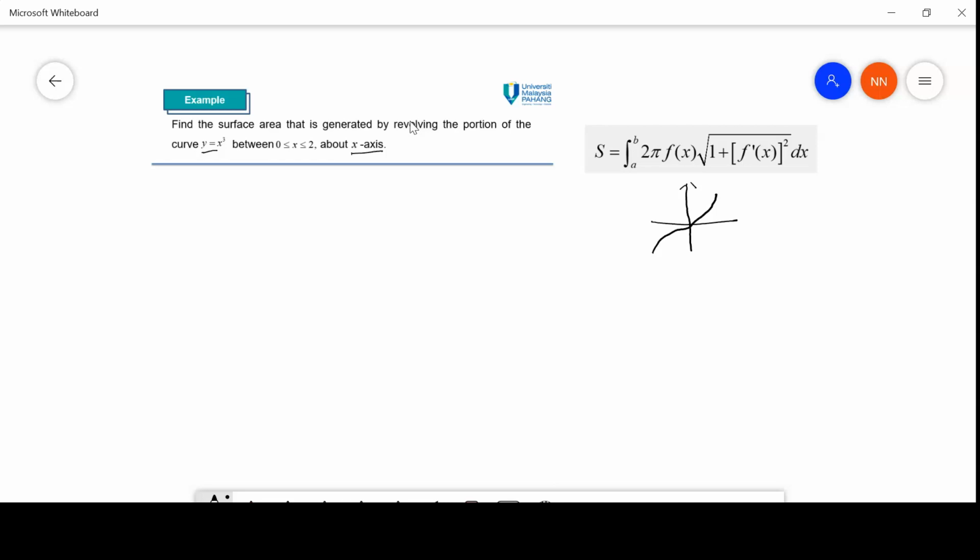But we only want the part between 0 and 2, somewhere here. So we only look at this area here.